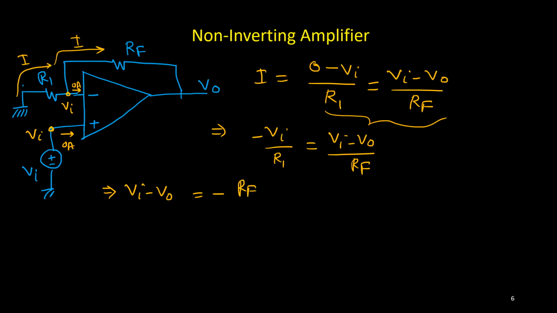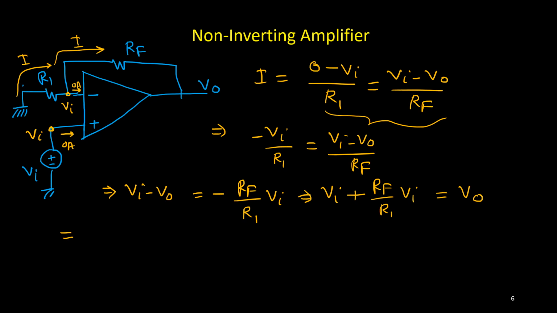Now this Vi is here, and this thing I'll bring to the left side, plus RF upon R1 into Vi equals V0, right?